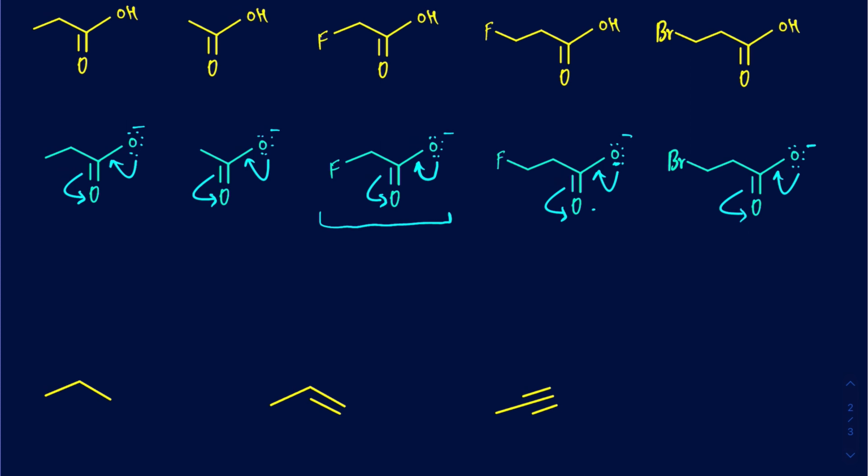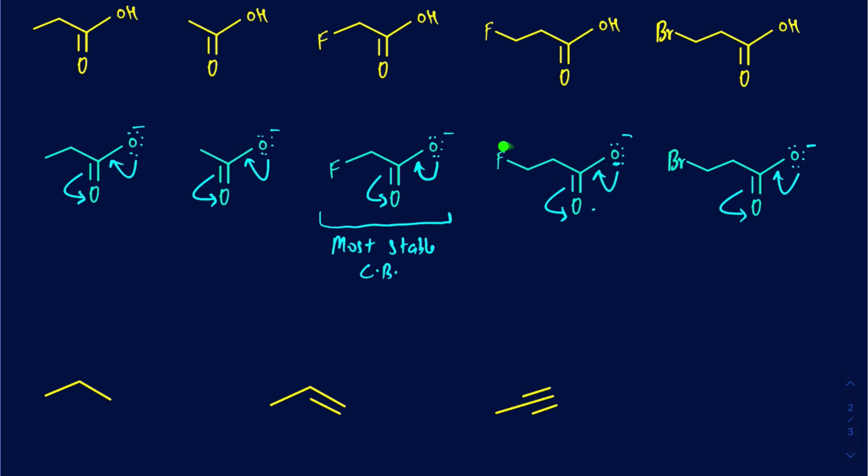Now, out of all of those, this is the one where the fluorine is the closest. So it's going to have the most prominent inductive effect. So this turns out is going to be the most stable conjugate base. Okay. And then when I'm looking at next on the line, I do see that the fluorine here and the bromine here, they are equally further away from those negative charges on the oxygens.